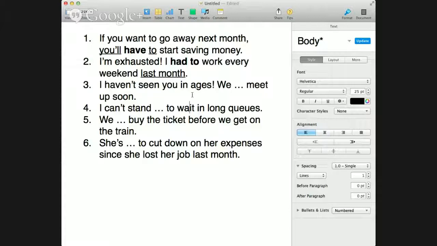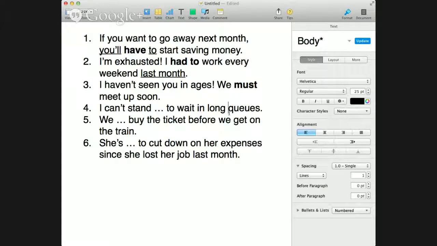Eduardo, number 3. I haven't seen you in ages. We must meet up soon. Good. Why did you choose must? Because it's not an obligation, I think.